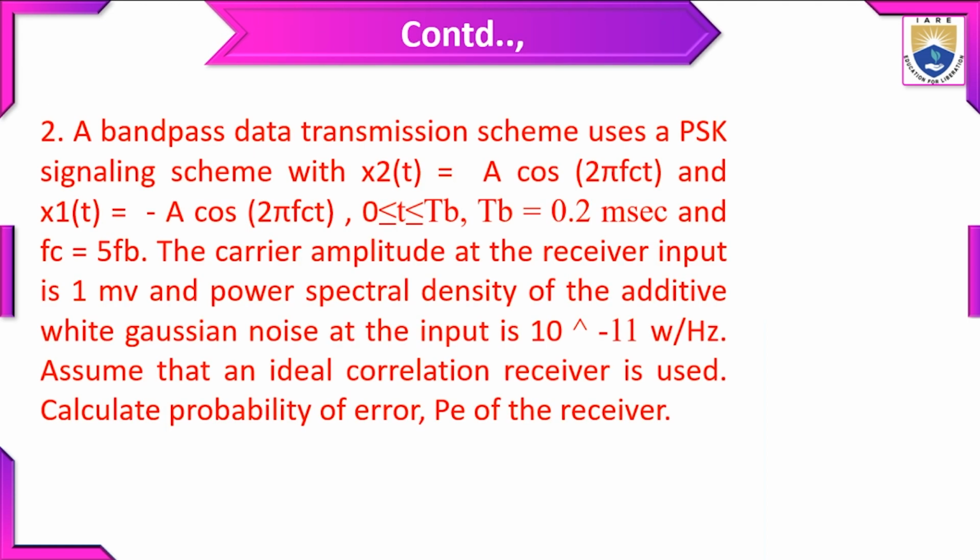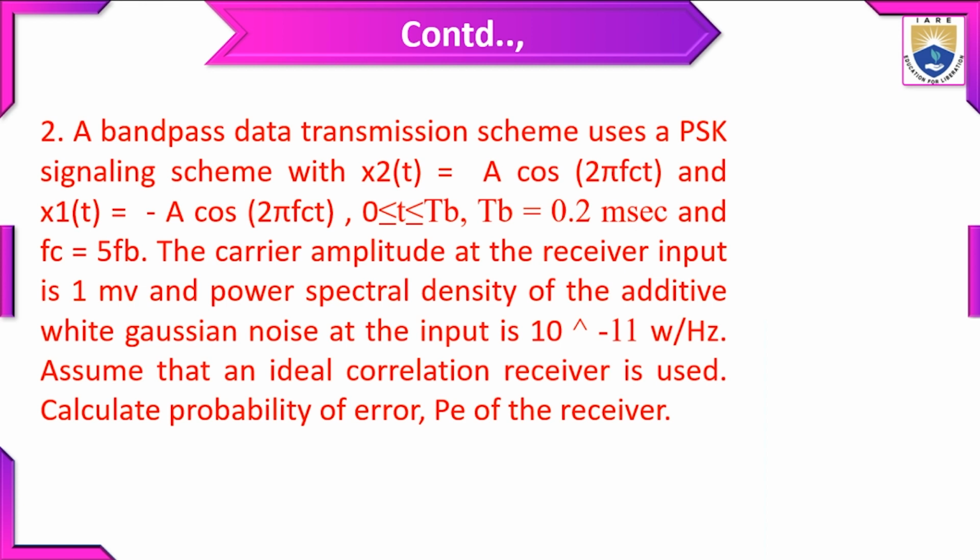Now coming to the second one. A bandpass data transmission scheme uses a PSK signaling scheme with x2 of t equal to A cos 2 pi fct and x1 of t equal to minus A cos 2 pi fct, and the bit duration is 0 to Tb, where Tb is equal to 0.2 millisecond and fc equal to 5 fb.